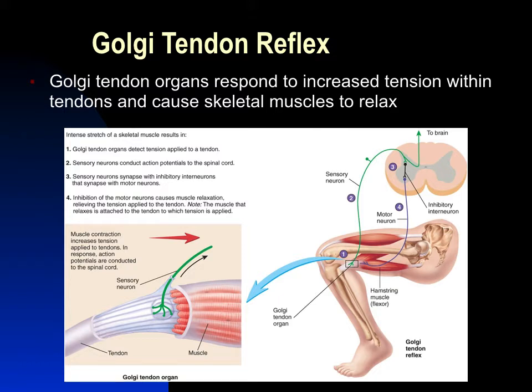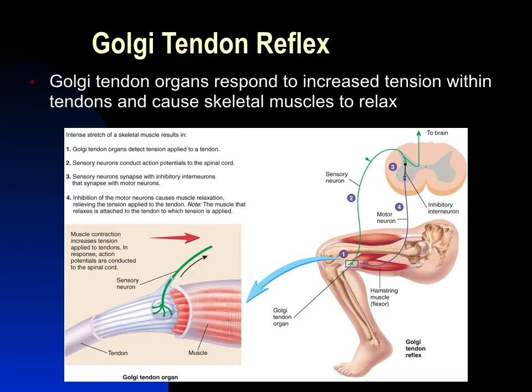And this happens when a muscle is stretched. And so in this case, if your doctor strikes your tendon right here with a reflex hammer, that will stretch a tendon organ inside the muscle.